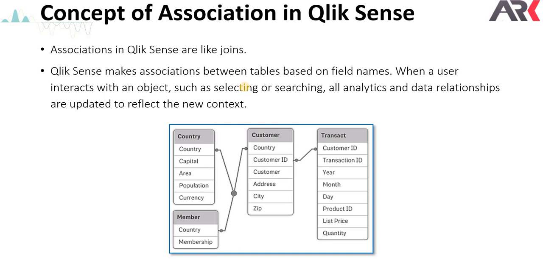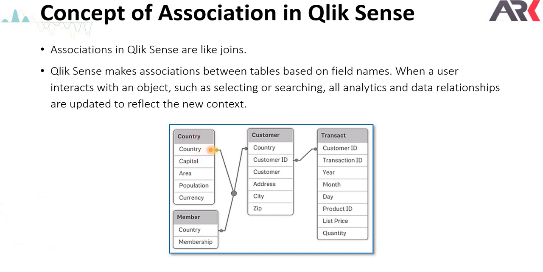So let's say you have a certain table which is being connected to another table via some key. So in this example, as you can see, I have an example for a country.